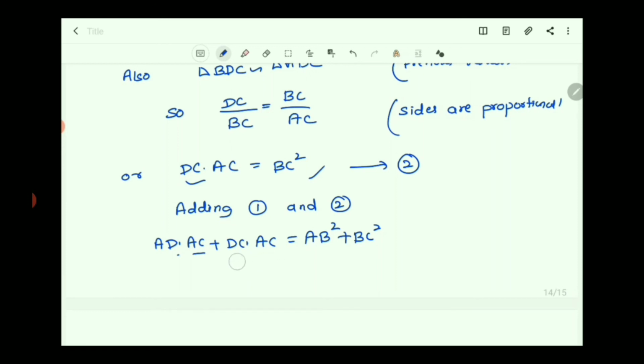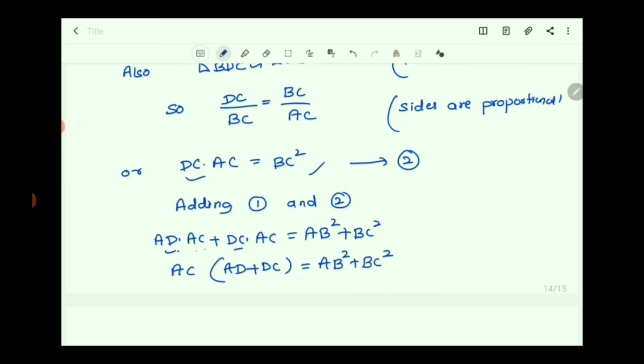AC into, in the bracket, AD from the first part plus DC from the second part, is equal to AB square plus BC square.